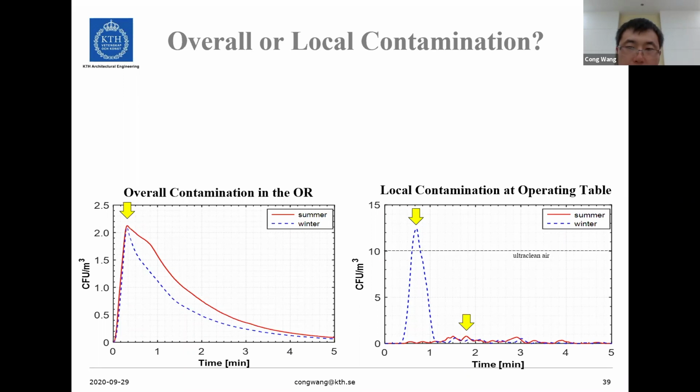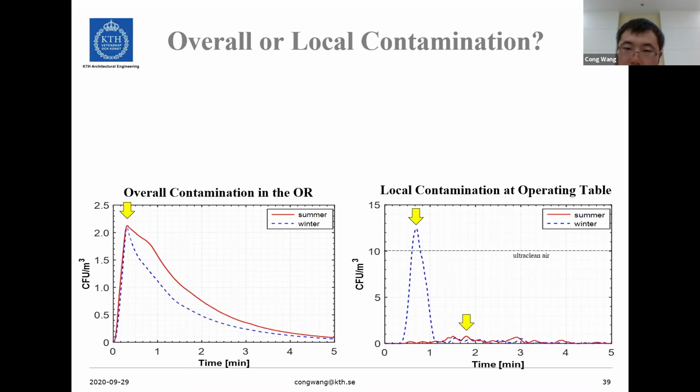If we compare these two figures, we notice that the overall contamination, especially the maximum overall contamination, is very similar between summer and winter conditions. But if we look at the local contamination at the operating table, the contamination level is quite different.